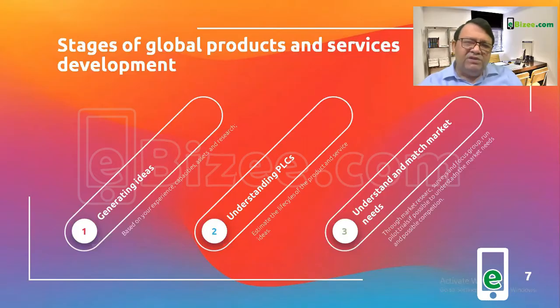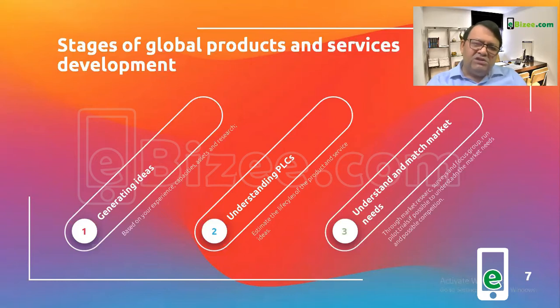What are the different stages of global products and services development? If you can understand these stages, you will understand the steps involved and what are the different stages in which you have to carry out certain activities to be able to finally create or select globally accepted products and services.